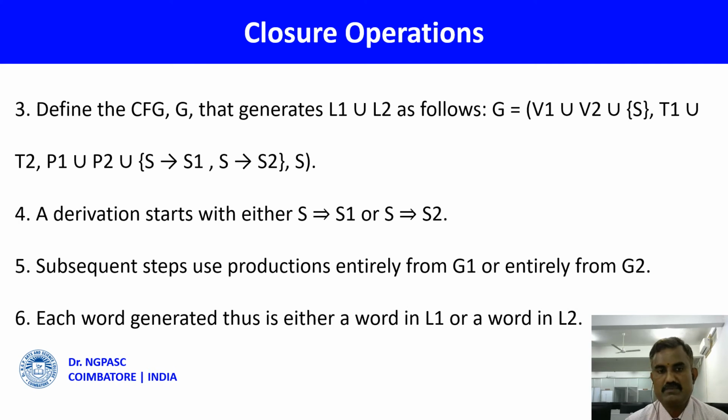Using these production rules we get a language L satisfying the property that each word is generated by either a word in L1 or L2. So L is equal to L1 union L2. Hence the closure holds, that means L1 union L2 is also a context free language. That is our statement.